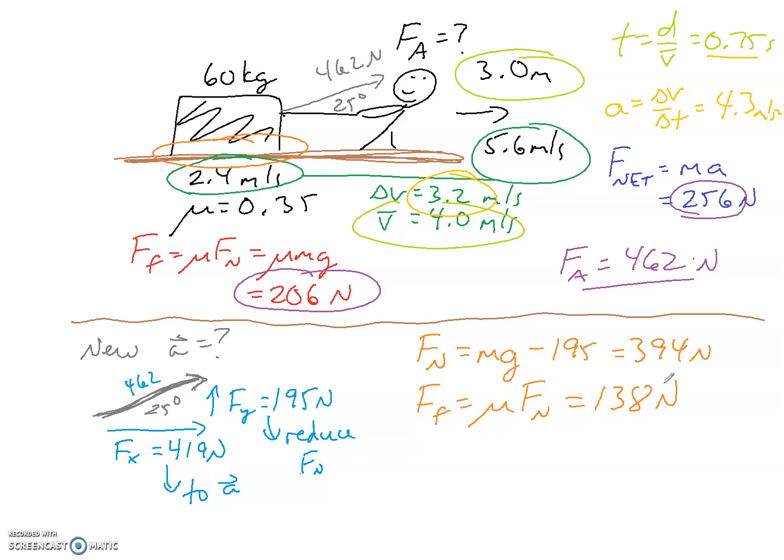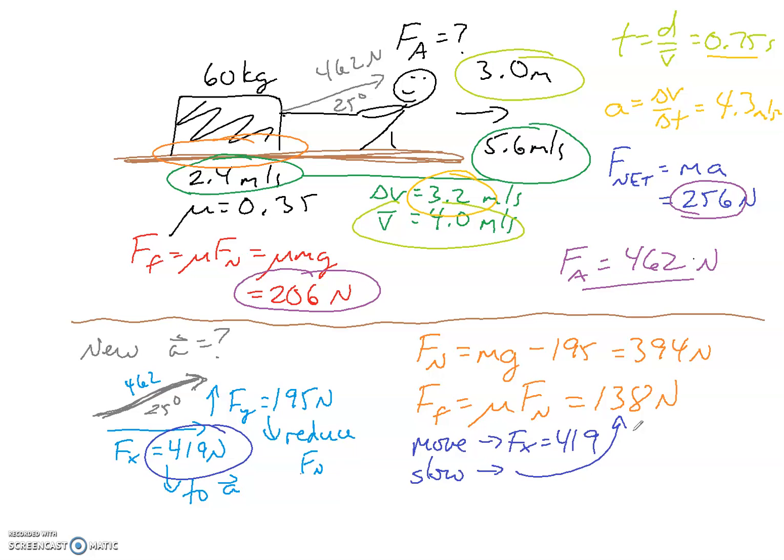So now I can try and find my net force the exact same way as before. If I look at what's trying to move the box, that is the 419. It's not the 462. Once you break apart the 462, you're not going to use it again. It's just the force in the x direction. That is the 419. In terms of my slowing force, that is my 138.